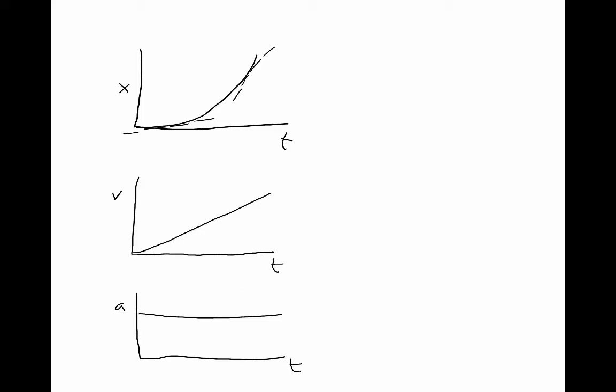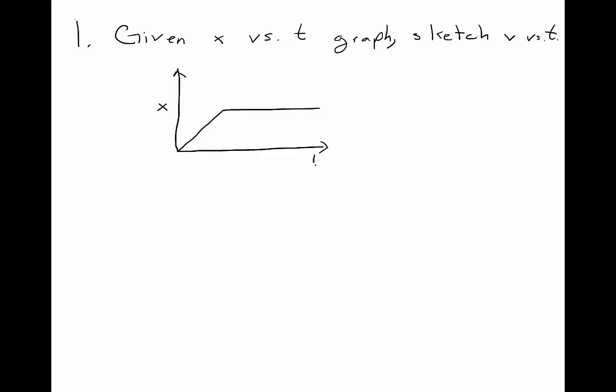Let's take a moment and you can try a few things yourself. So for this first question, what I want you to do is I'm going to give you the x versus t graph. I want you to sketch the velocity versus time graph. Alright, so let me draw you this position versus time graph.